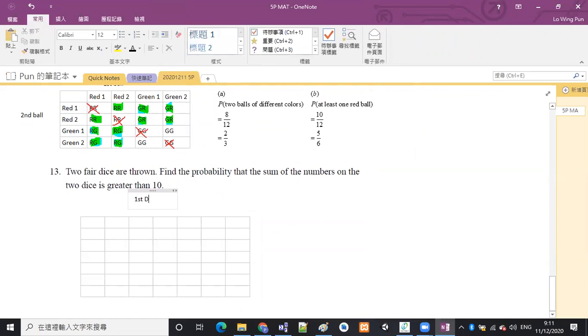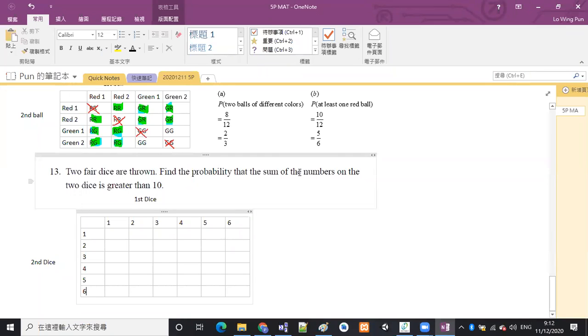The first dice and the second dice. The first dice can have outcomes of 1, 2, 3, 4, 5, 6, right? And second dice can also have 1, 2, 3, 4, 5, 6. Okay? This time, can there be repetition? Nothing says that after the first die, the second cannot be the same. It just says two fair dice are thrown, so doubles are possible. Okay, now what do I want to find?